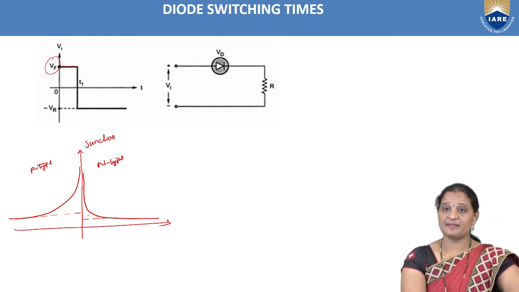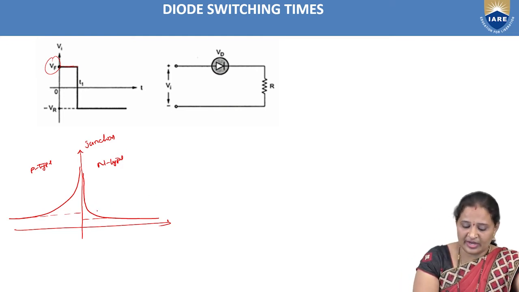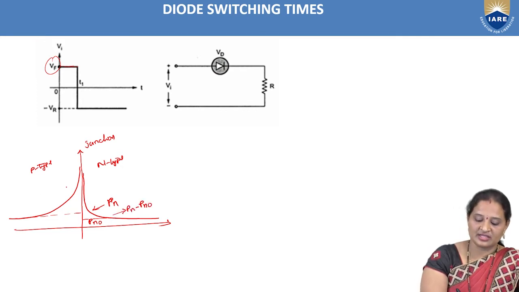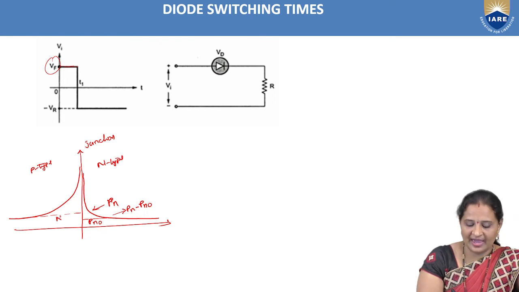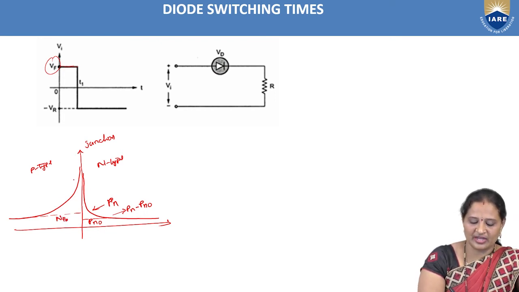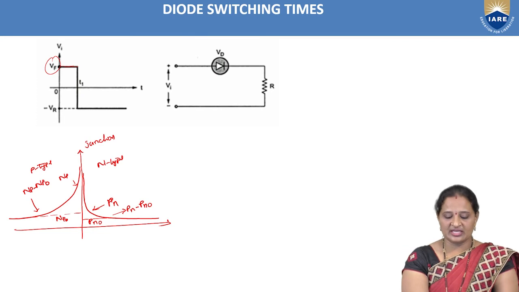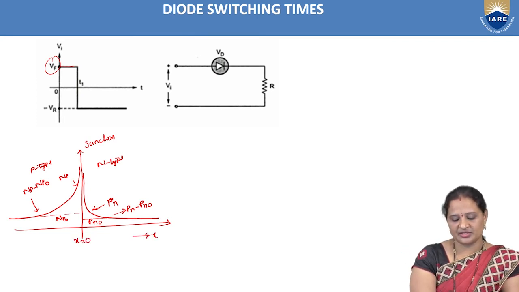This is the minority carrier concentration. In N type, the minority carrier concentration is represented with Pn0, and this is Pn. So the excess minority carrier concentration will be given by Pn minus Pn0. Whereas in this one, this is Np0 and this one is Np, and the excess minority carrier concentration is Np minus Np0. So this is when the junction is forward biased.